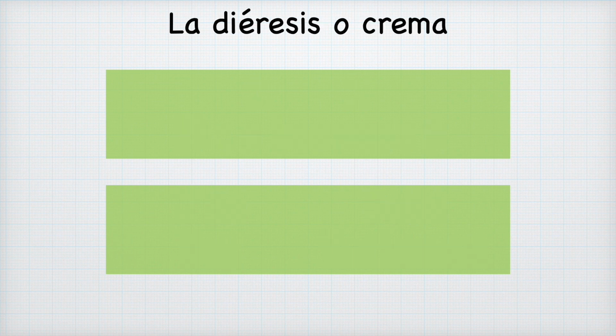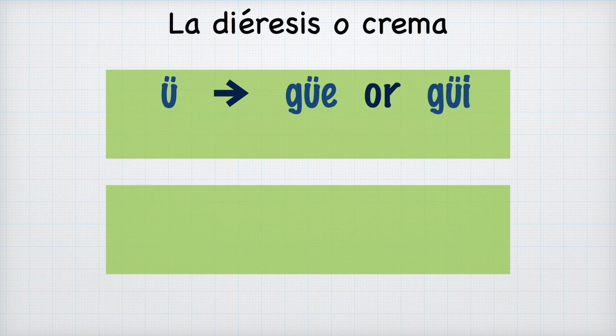We'll take a look at the next sign, and it's la diéresis, or it's also called crema. And these are the two little dots that go above the letter U when we want it to sound in these syllables: güe, güi.